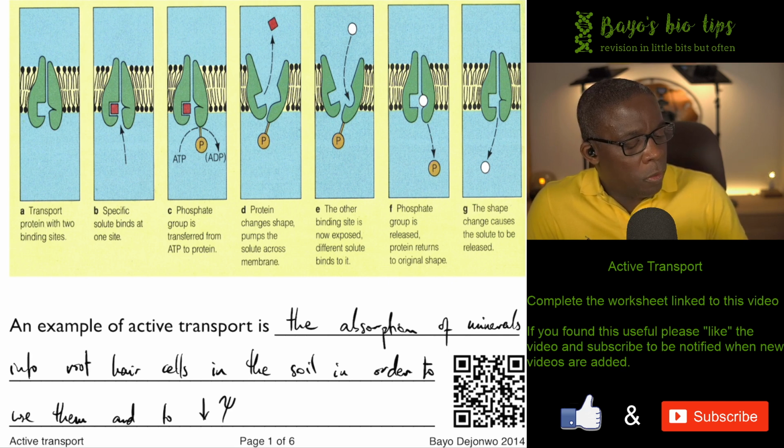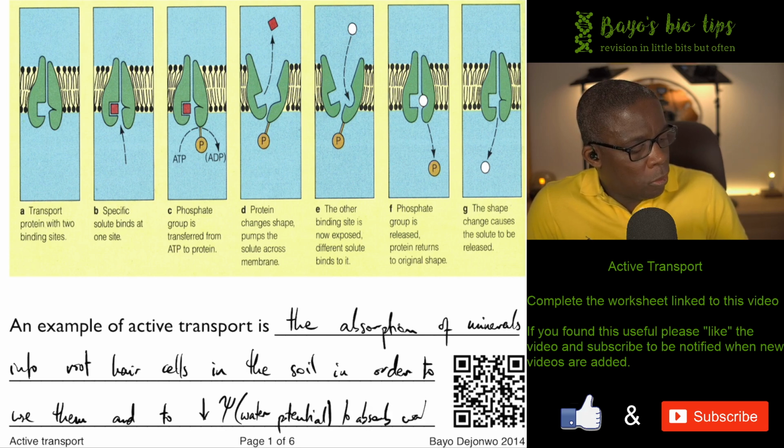This symbol, what looks a bit like a trident, is the Greek letter psi, like Poseidon, the Greek god of the sea. So it lowers the water potential to absorb water.